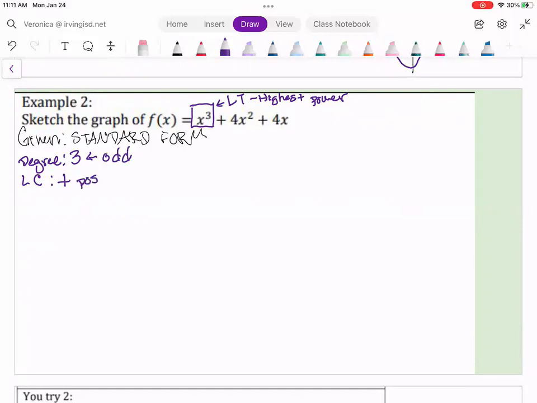So you can use your chart at the top in your notes, or you can think, okay, the degree is odd. So which function are we going to use for comparison? Well, because it's odd degree and positive coefficient, the function we would use for comparison would be the linear function, y equals x, because it has a power of 1, which is odd.